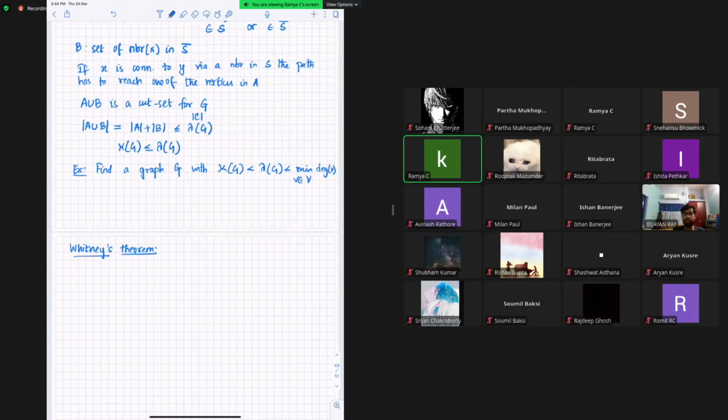Let me try to think about it. If it's a complete graph, it will hold. But if you're saying that if this holds with equality, then it should be complete, I don't think so.